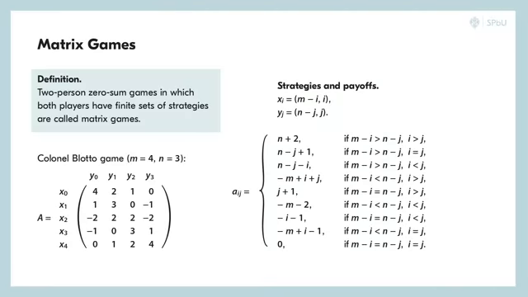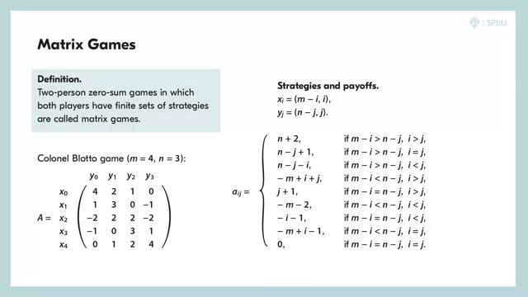For the Colonel Blotto game, we can also construct such a matrix of payoffs, but before we do that, we suppose that the strategies of the first and the second player have the following form: xi is equal to m minus i, and yj is equal to n minus j. So the numbers i and j correspond to the number of regiments which will be allocated on the second battlefield, and m minus i and n minus j are the number of regiments that will be allocated on the first battlefield.